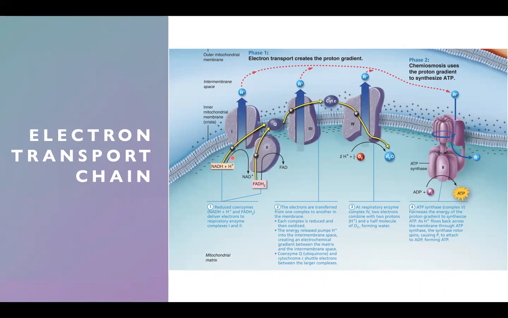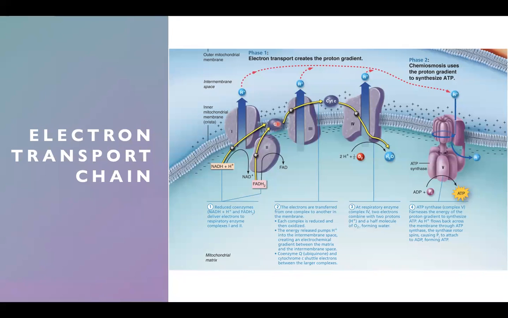And what they'll do is they're going to pump their electrons through these complexes. And as the electrons are pumped through the complexes, shown in the yellow pathway arrow, hydrogen ions are pumped up into the intermembrane space to try to create a gradient of lots of hydrogen ions up here in this intermembrane space.